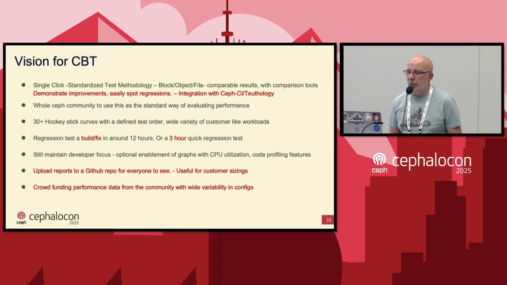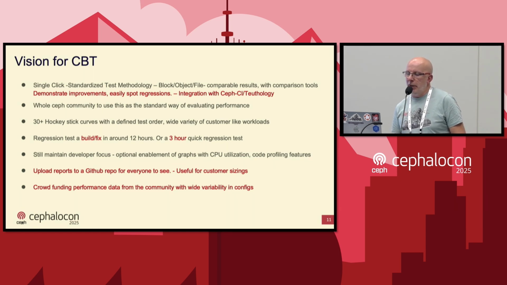So for CBT, we want to have a single-click standardized test methodology for object, block, and file, with comparison results and comparison tooling. And as I mentioned, use this as a standard way of evaluating performance in the community.